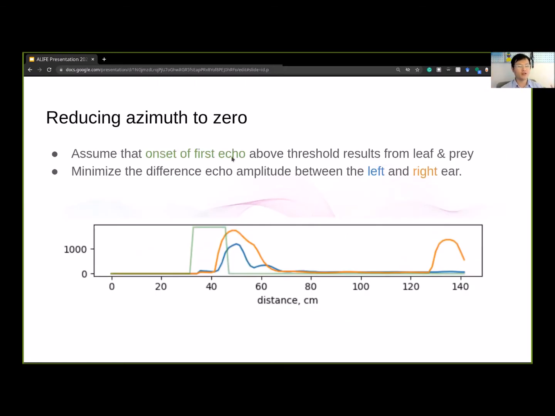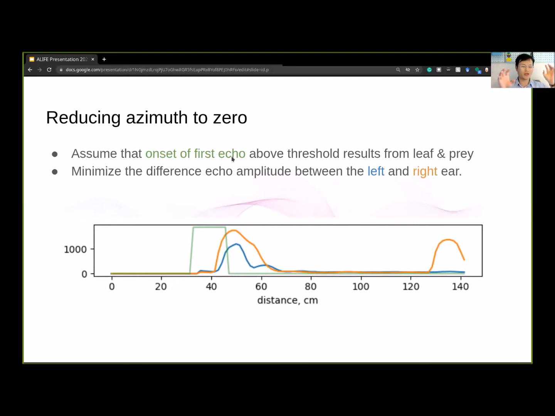So how can we do the azimuth correction? How can we reduce the azimuth error to 0? In biology, it is experimentally proven that humans and animals can identify the difference between the left and right ear. It is called interaural intensity difference. So we think that bats are actually trying to minimize the interaural intensity difference.